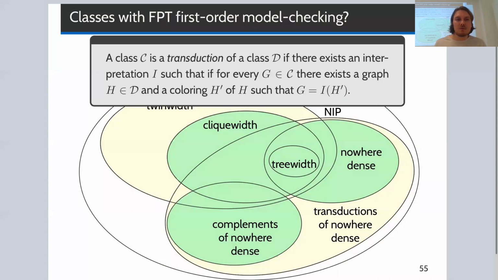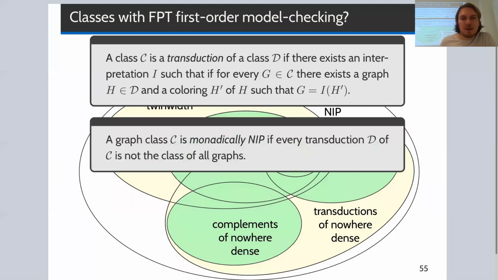So we need the notion of transductions. A graph class C is a transduction of D if every graph in C can be derived from a graph in D by coloring the graph and then applying an interpretation. And a graph class C is monadically NIP if every transduction D of C is not the class of all graphs.